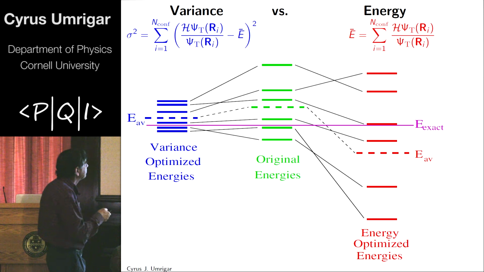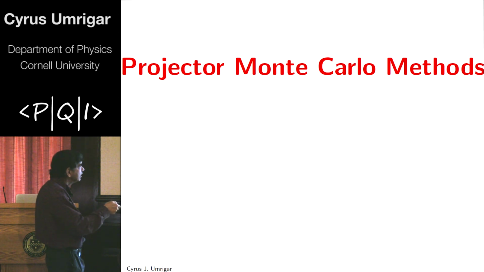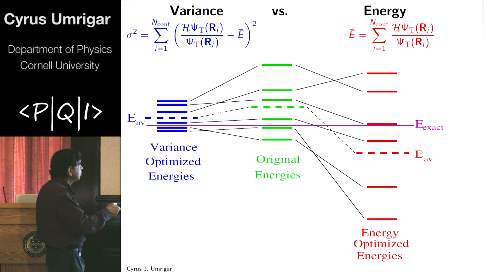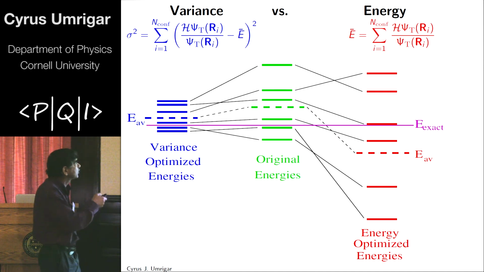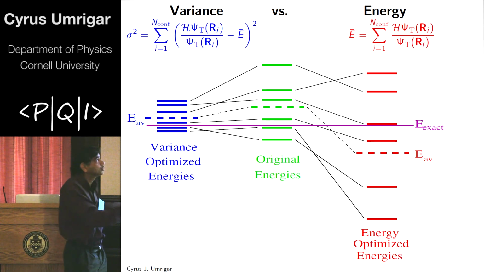You solve it by minimizing the variance, in which case all these energies tend to come together, and the average goes down only a little bit. It doesn't go down as much as it did here, but this is a genuine gain, whereas this was a spurious gain. Okay, so that's why people switched to doing variance optimization. People have now figured out how to do energy optimization efficiently, and so that's why they came back to it.